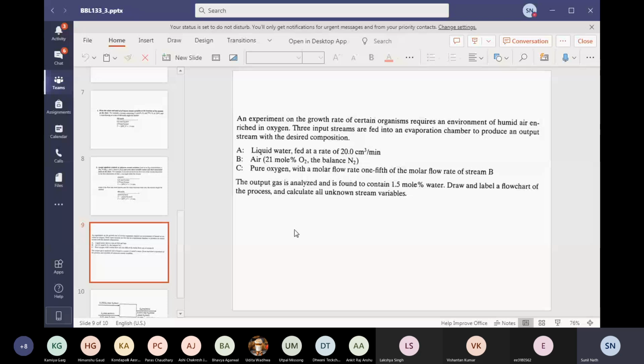So according to you, how much is the volumetric flow rate corresponding to in molar terms?